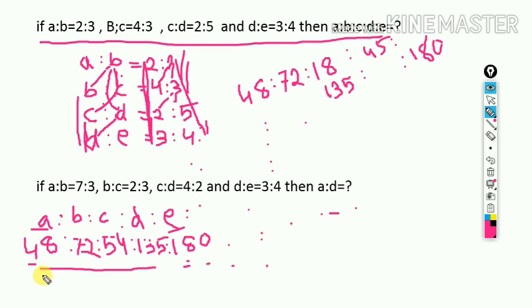So then do that. If you multiply by 3, this will be 16 divided by this, this will be 24, this will be 18, this will be 45, and this will be 60.